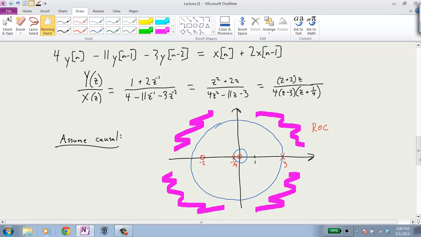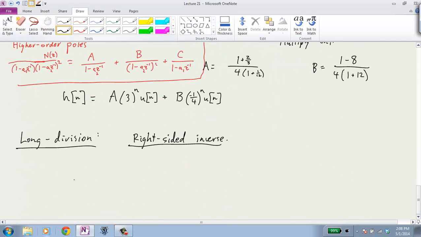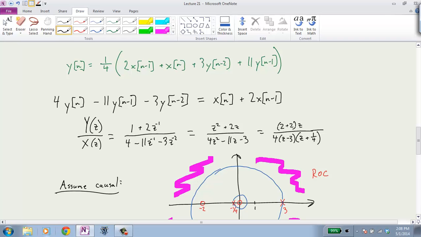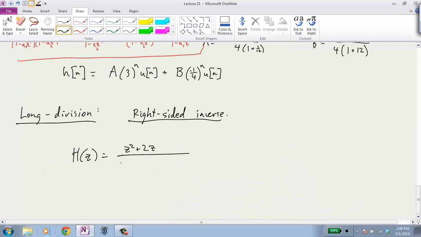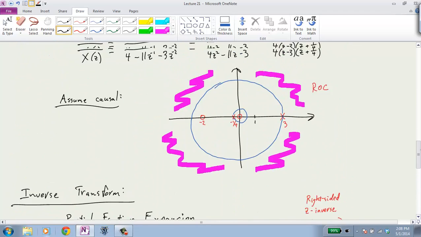Z squared plus 2z over 4z squared plus, what was it, 3?